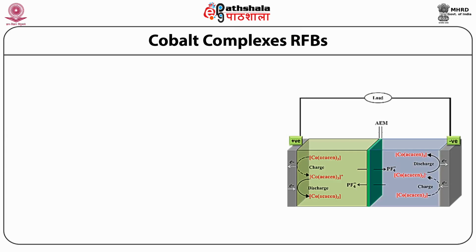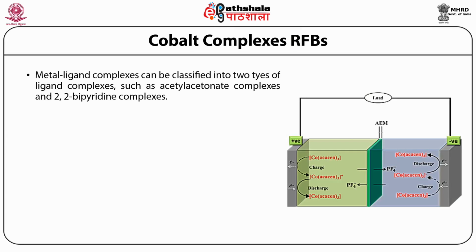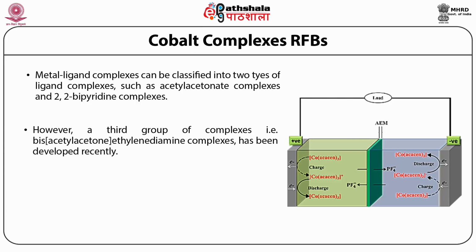Cobalt complexes RFBs. As discussed previously, metal ligand complexes can be classified into two types of ligand complexes, such as acetylacetonate complexes and 2,2'-bipyridine complexes. However, a third group of complexes, that is bis-acetylacetone ethylenediamine complexes, has been developed recently.